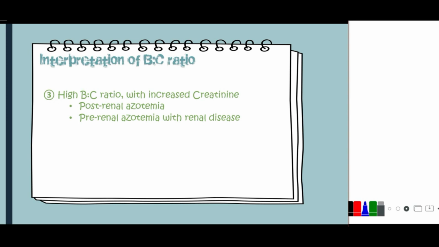And the last BC ratio result to be interpreted is this one. Normal BC ratio with increased BUN and creatinine, which indicates renal azotemia, or the problem is with the kidneys na nga. So, the kidneys are not capable of performing its normal function, particularly with that of filtration. And miss, bakit increase si BUN but the BC ratio here is normal? Remember guys, yung problem is with the kidneys na.